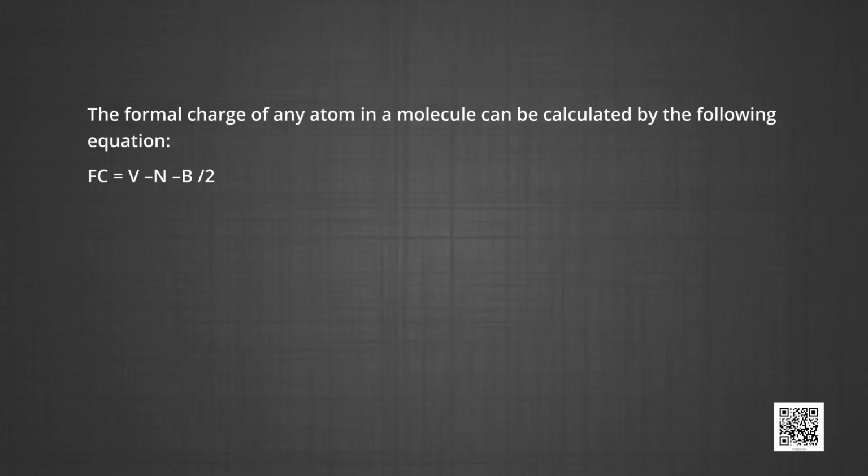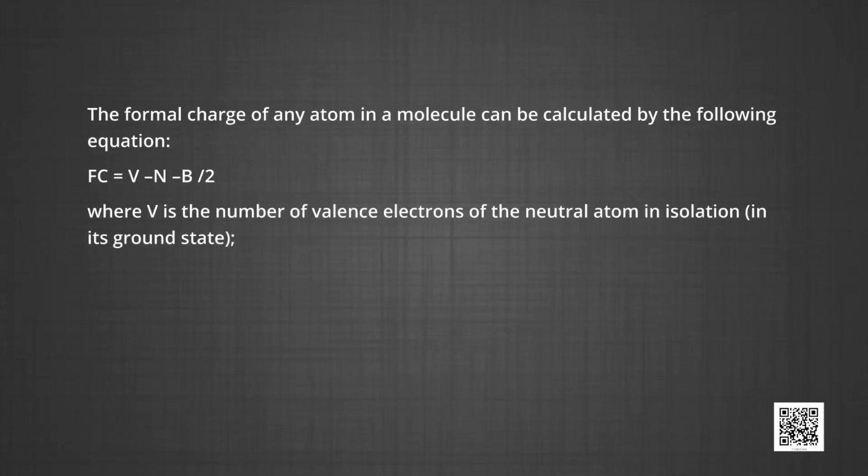Fc, that is formal charge, equals V minus N minus B by 2, where V is the number of valence electrons of the neutral atom in isolation in its ground state.